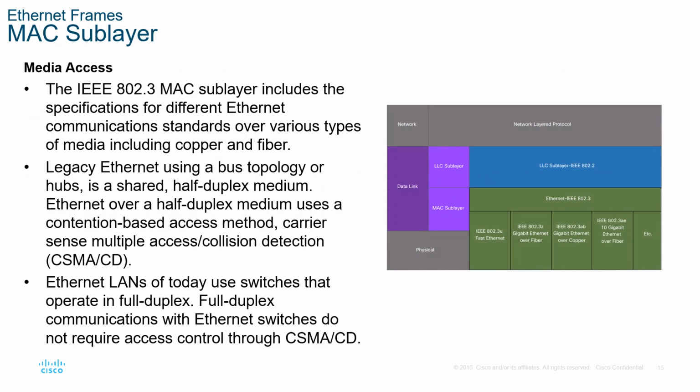Under the MAC sublayer, as shown in the figure, you can see the specification for different Ethernet communication standards. For the LLC we have IEEE 802.2. For the MAC sublayer we have 802.3.